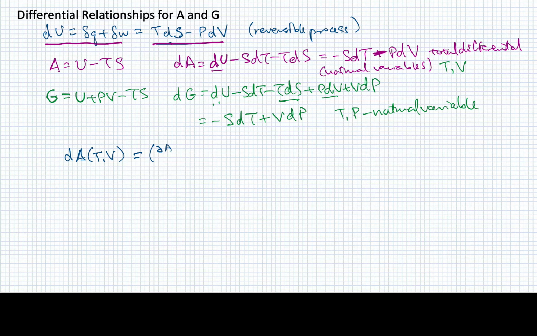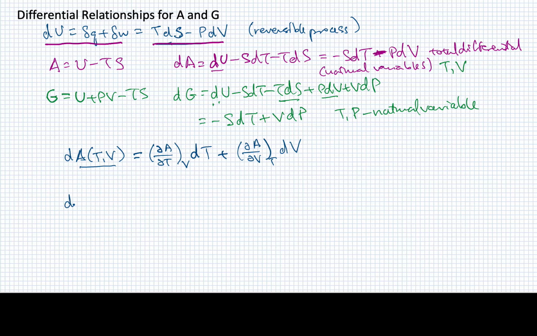It would be the partial derivative with respect to T at constant volume, dT, plus the partial derivative with respect to volume at constant temperature, dV. All I've done is write down an expression for the exact differential, or the total differential, of this function, the Helmholtz energy, written as a function of temperature and volume.